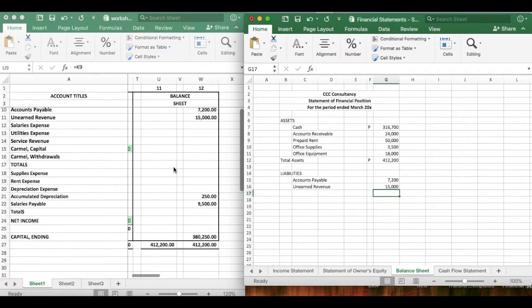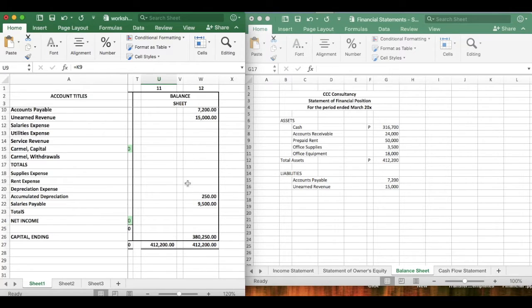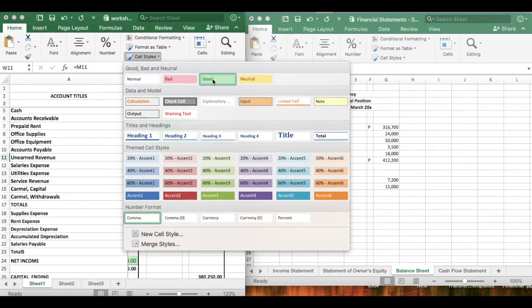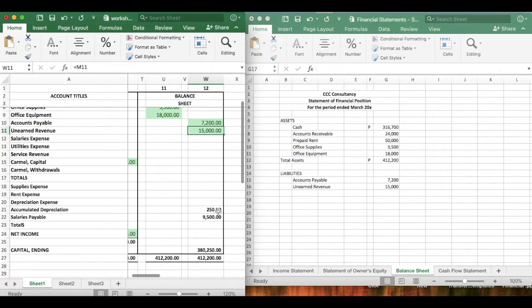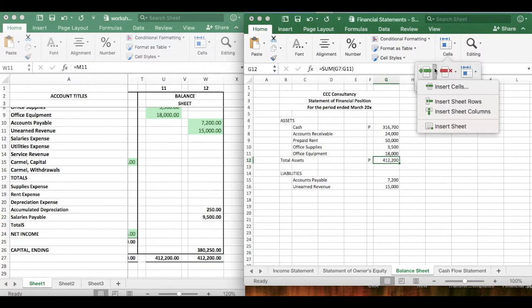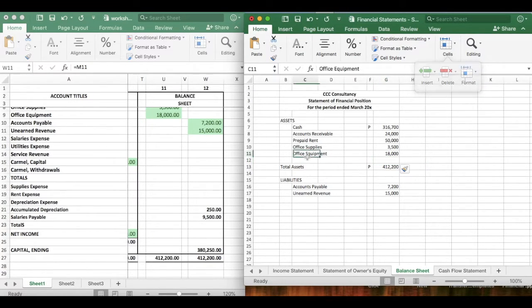Let's now look at the rest here. Oh, we have actually accumulated depreciation, right? So this is done. The accumulated depreciation is usually a contra asset, or it is actually a contra asset. So that should be reported under here. So what we do is we insert, okay? So that would be office equipment.